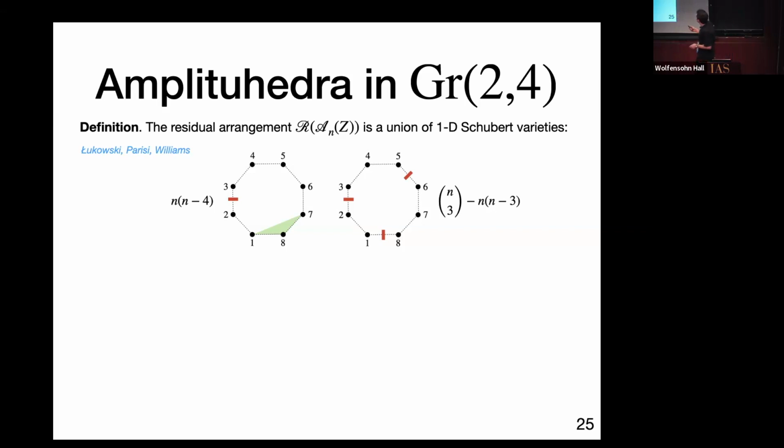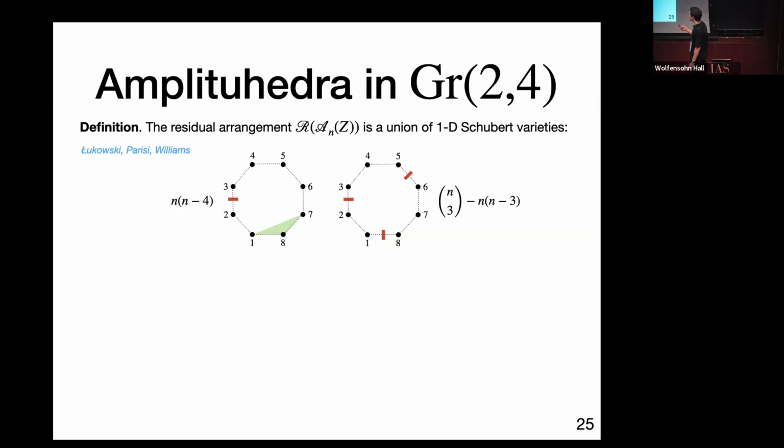The second type of Schubert varieties that are in the residual arrangement are depicted by this, and these are just lines which meet the line Z2, Z3, Z5, Z6, and Z1, Z8. So these lines, if Z is generic enough, have nothing to do with each other.